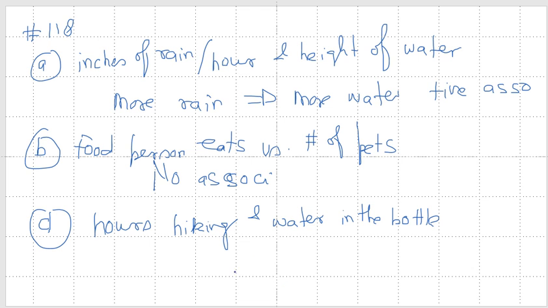If I plot this and I am getting more and more hiking done, this is time. What do you think will happen to the water? Will I get more water or less water? Assuming I'm not able to fill it up. Well, if I go longer, my water will keep on going down. So this you will say is a negative slope, or you'll say negative association. Does that make sense? Okay.